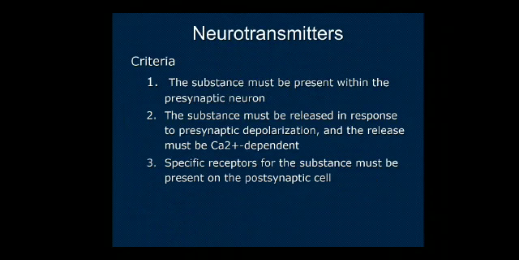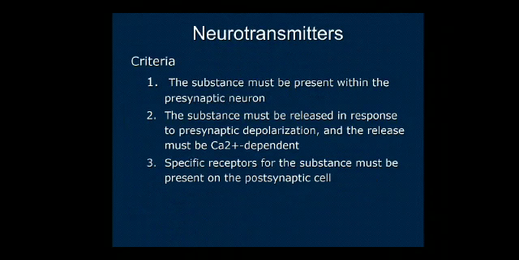The substance must be present within the presynaptic neuron, and the substance must be released in response to presynaptic depolarization, and it must be calcium dependent. I already mentioned that the amount of neurotransmitter released depends on the amount of calcium influx.